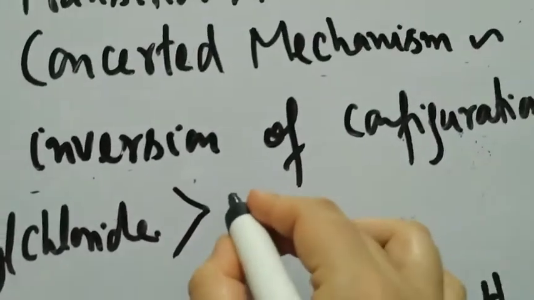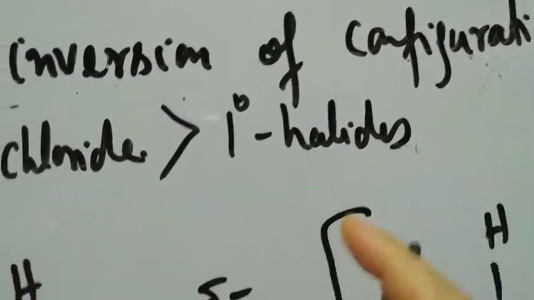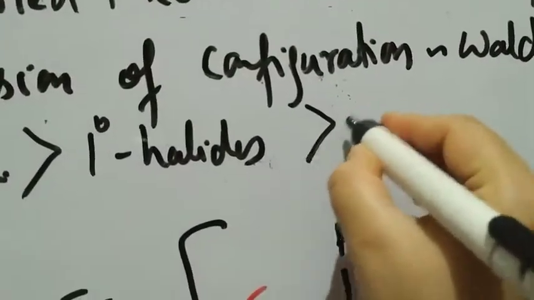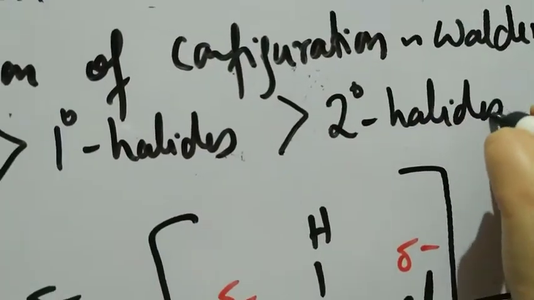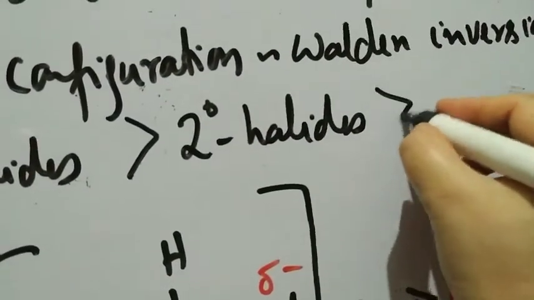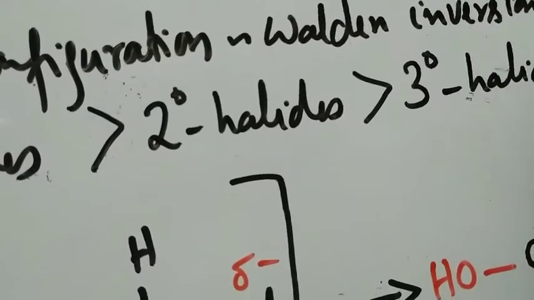After that we have 1 degree halides, primary halides, which will have only one alkyl group in place of a hydrogen. After that we'll have 2 degree halides, and after secondary halides we have finally tertiary halides, right?